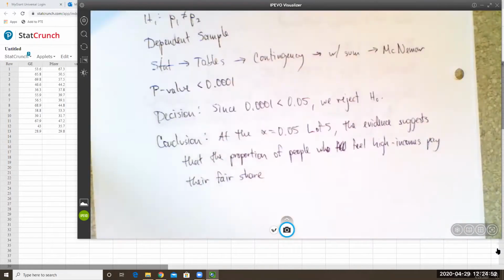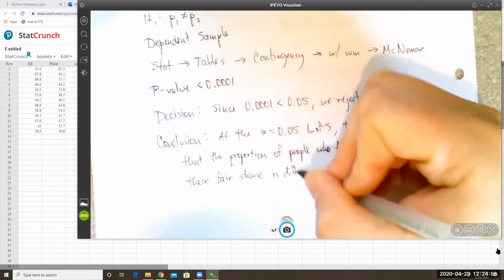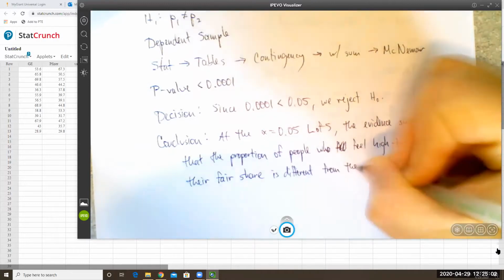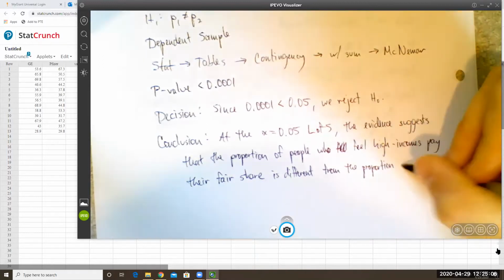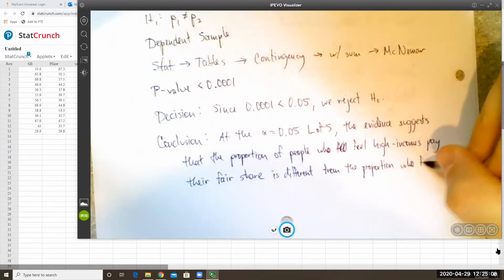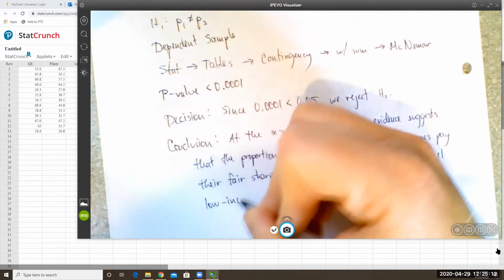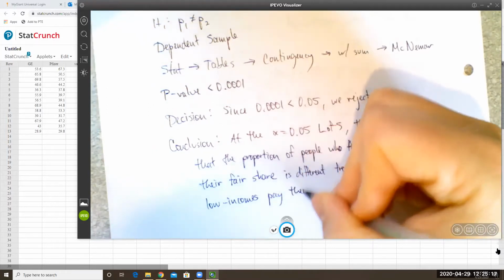So the evidence suggests that the proportion of people who feel high incomes pay their fair share is different from the proportion who feel low incomes pay their fair share.